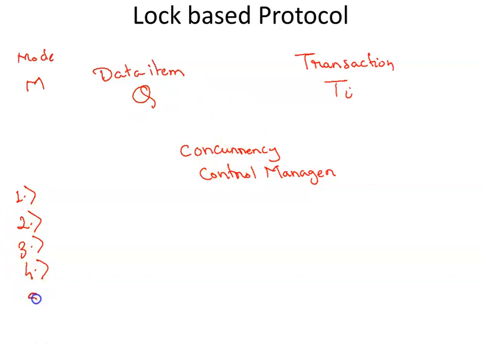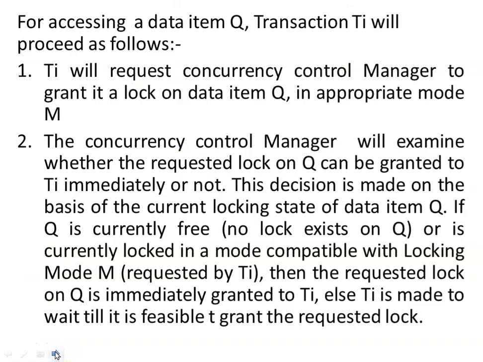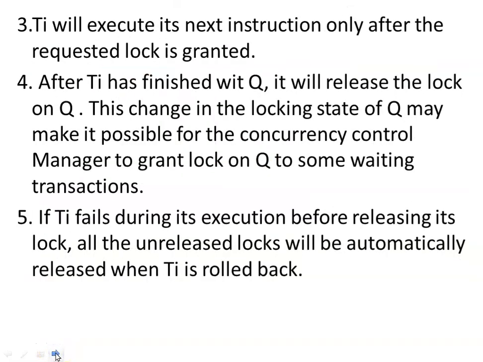And finally, in step number 5, if transaction Ti fails in its execution before releasing its locks, then all the unreleased locks will be automatically released when transaction Ti is rolled back. So this is an overview of the lock-based protocol. All these steps, step 1, 2, 3, 4 and 5, are explained in the next slide.